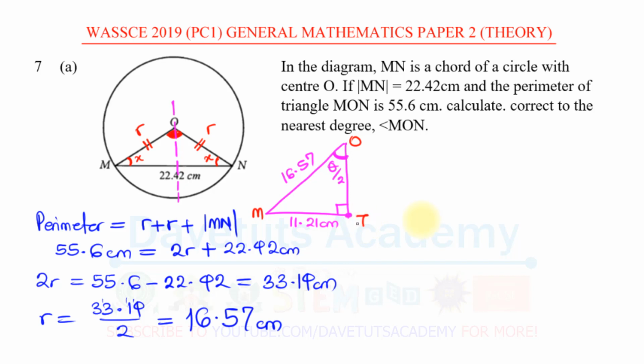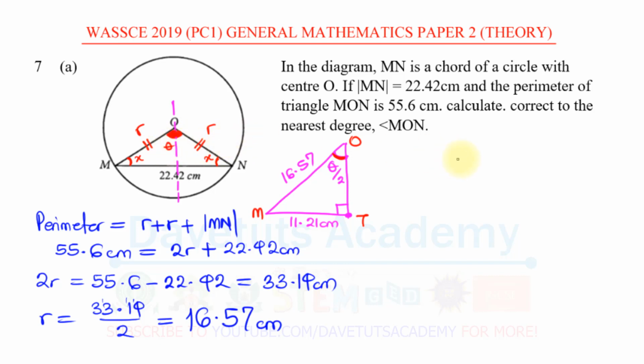Now, looking at this triangle MOT, we just want to find the value of theta over 2. The angle MON that we are looking for is actually twice this angle, because that is what is tagged as theta initially.